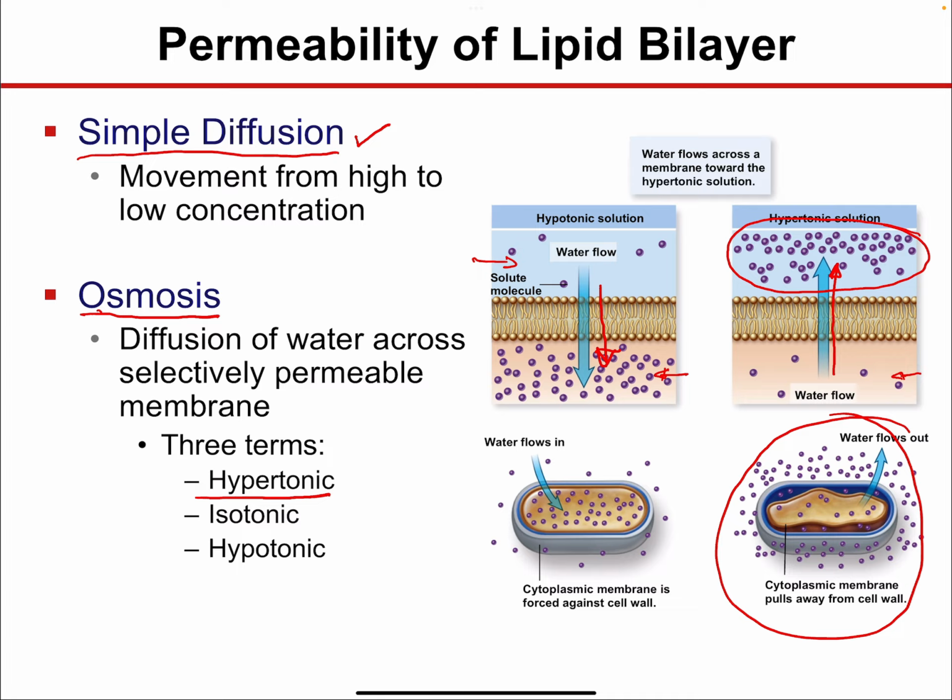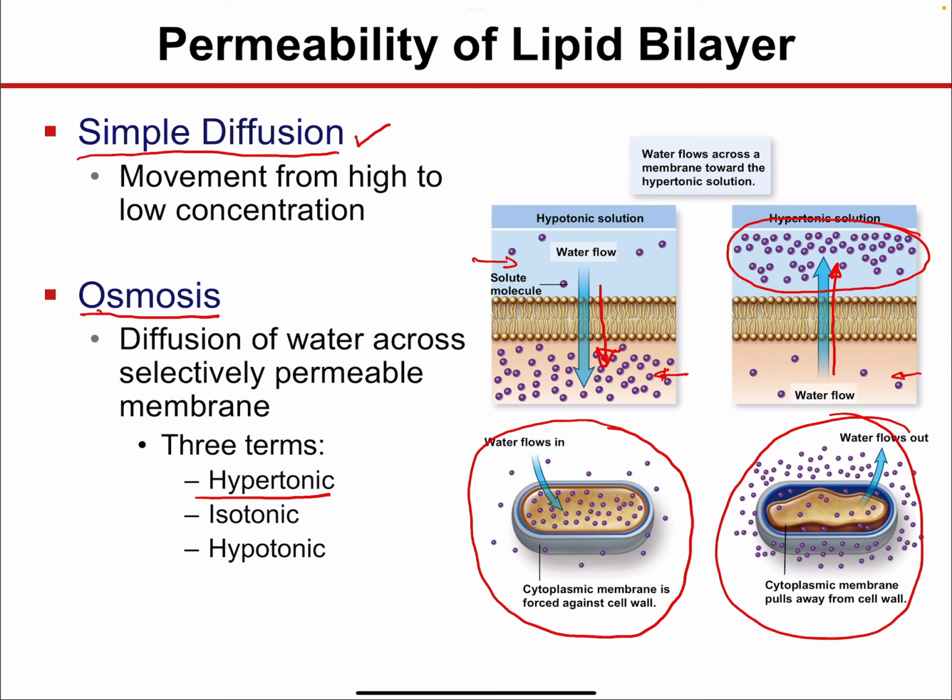Now, you understand that bacteria, most of them, are going to have a cell wall. Because they are going to have a cell wall, these cells are not going to expand beyond a certain point, right? But for sure, the membranes are going to be very closely packed against the cell wall, right?